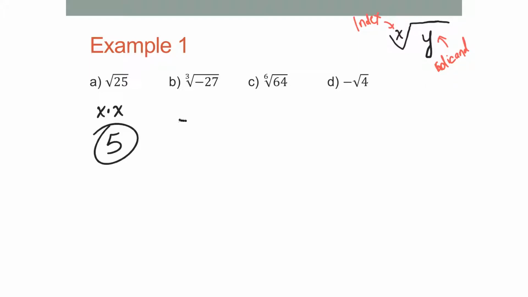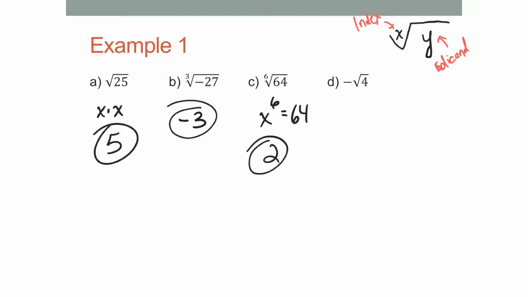Of course, that's going to be negative 3. 3 times 3 is 9, 9 times 3 is 27. The sixth root of 64, literally it's what to the sixth power is equal to 64. The sixth root of 64 is 2. And the last one there is the negative square root of 4. Square root of 4 is just 2, so the negative square root of 4 is going to be negative 2.